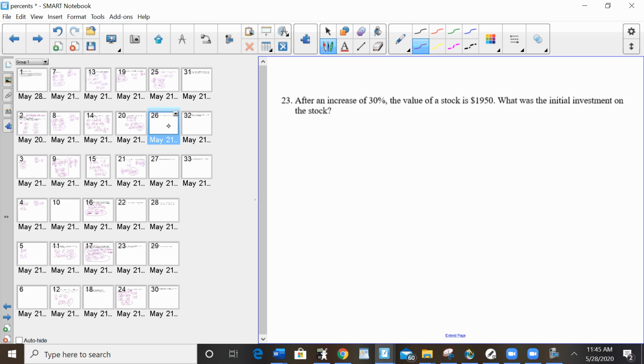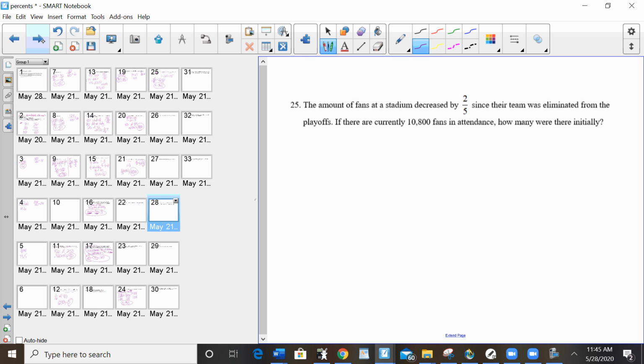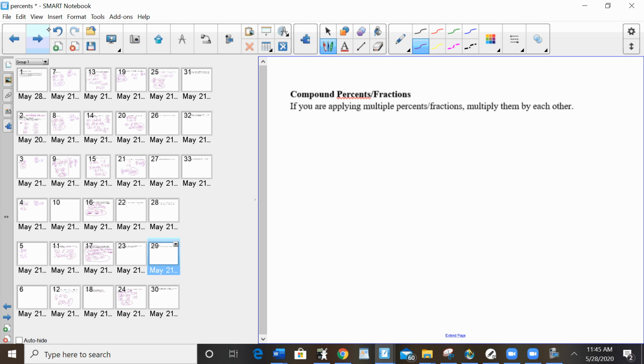All right, what do we got left? After increase, same type of thing. And there's one more thing to talk about, and I know this is a long lesson because it's really a lot of lessons. It's really a whole percents and fractions unit, but we're just doing it all at once here.